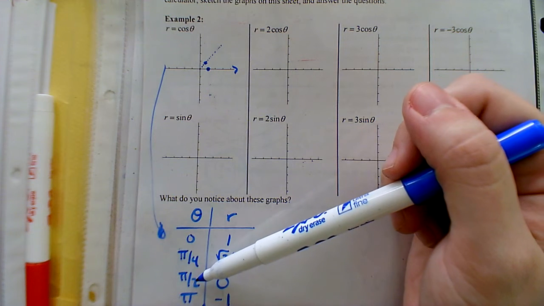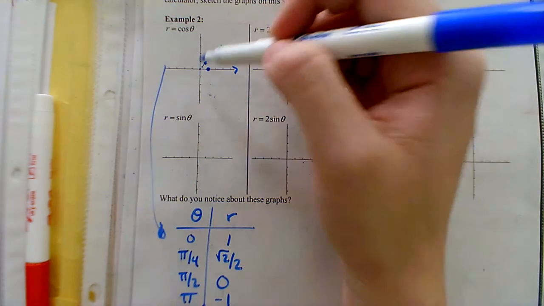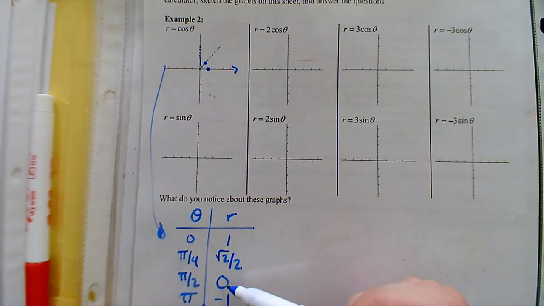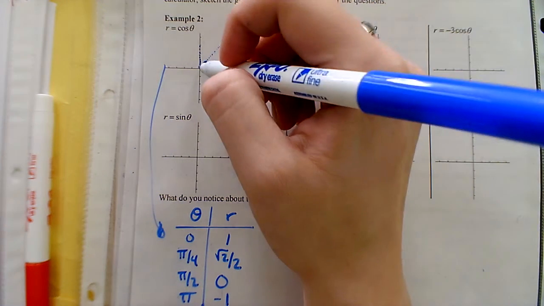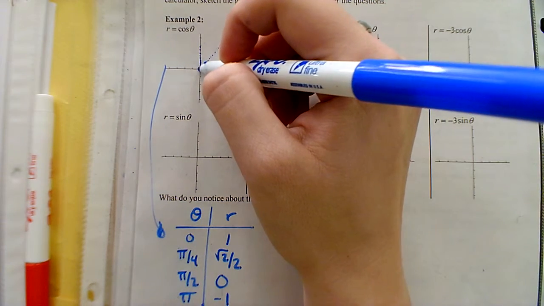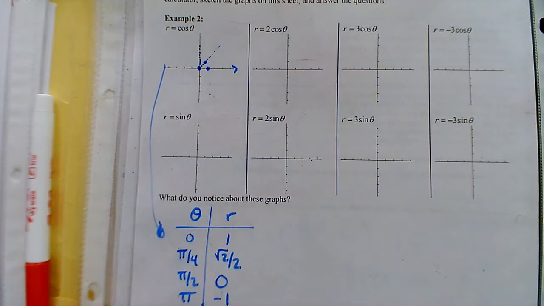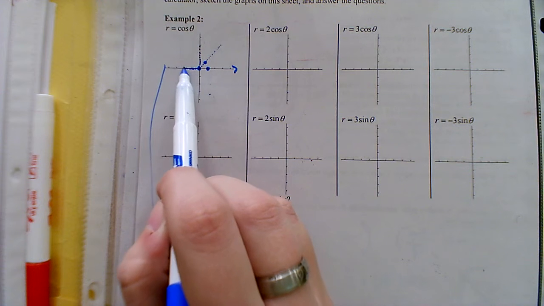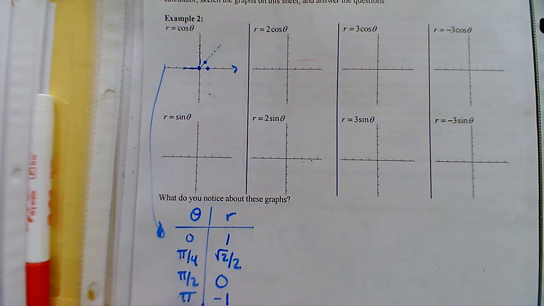For the next one, we're going to look up at pi over 2, but then we don't walk out at all. So even though we're looking up, we're still just standing at the pole or the origin. For the next one, we're going to look out at the pi direction, but then we have to walk a radius of -1.